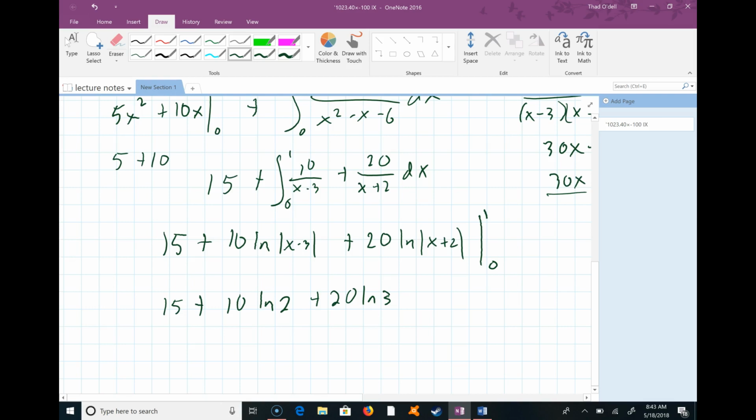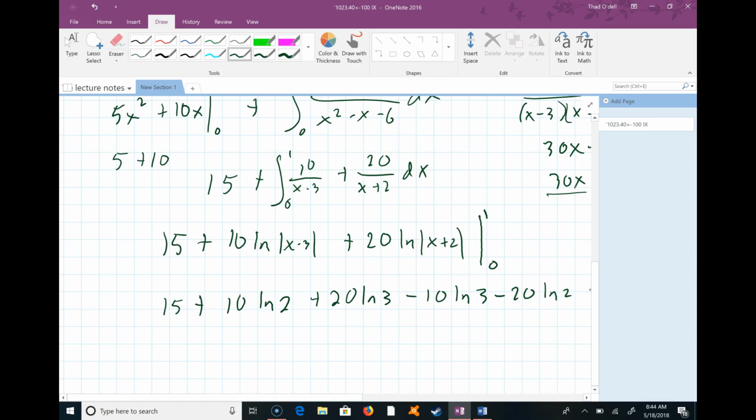And then I'm going to subtract from that 10 times the natural log of 3, because 0 minus 3 is negative 3, absolute value is 3, and subtract from that 20 times the natural log of 2.